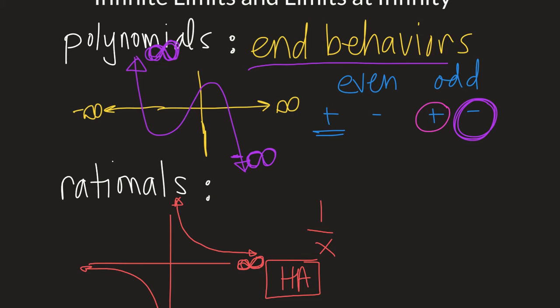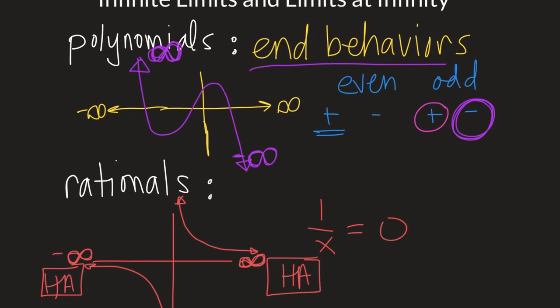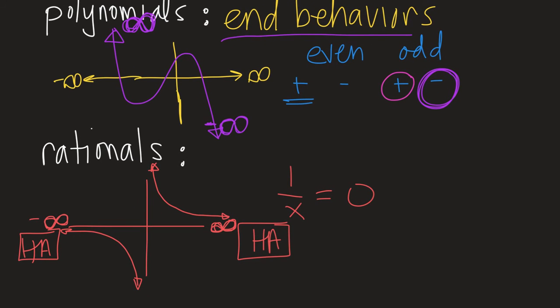If you don't have any vertical shifting, then that horizontal asymptote is 0, the x-axis. Same thing if it goes off to the left, to negative infinity. The limit is also the horizontal asymptote, which in this case for 1 over x happens to be 0. So if we take the limit of 1 over x, the answer is 0.